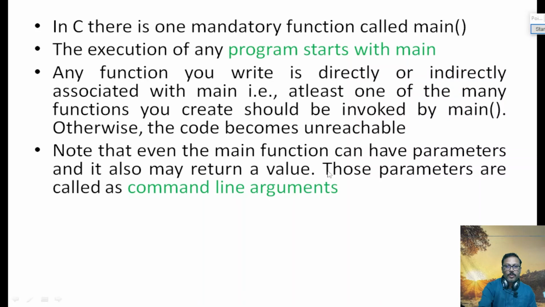Note that even the main function can have parameters, and it also may return a value. Those parameters are called command line arguments. We will see this in the last module. But until now we have discussed that main has no parameters.